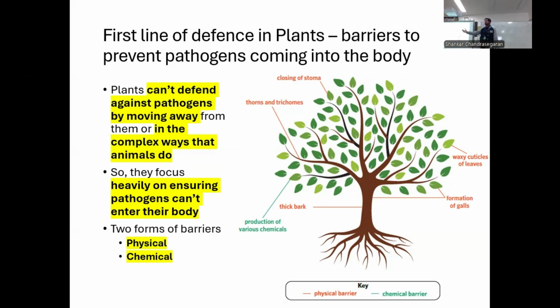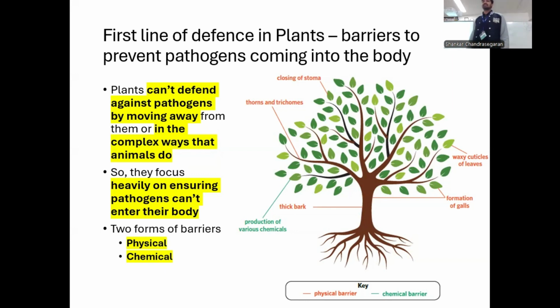Someone is coughing next to us, we don't want to get sick, we just walk away, we're away from the pathogens. But plants don't have that luxury. In fact, they have to find very different ways of making sure pathogens can't get into their body. And they do that by focusing heavily on the first two barriers, right?